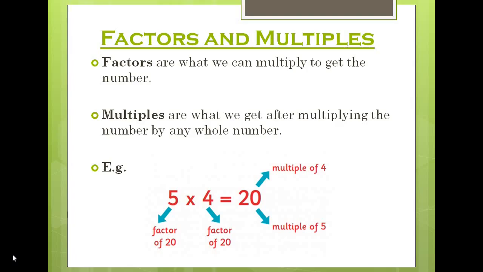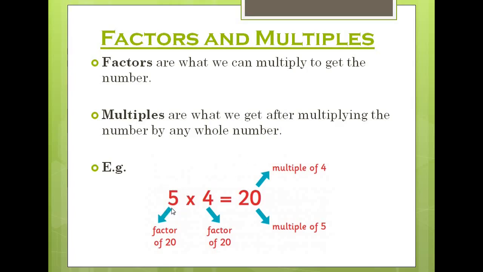Now if I multiply 5 and 4, the result is 20. So if I take the number 20, the factors will be 5 and 4 because these are two numbers which we can multiply to get 20, isn't it? Now talking about multiples, what we get after multiplying the number.